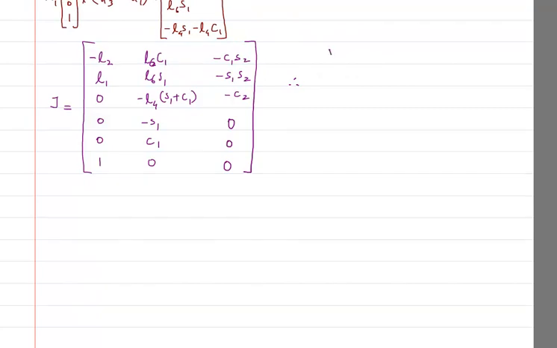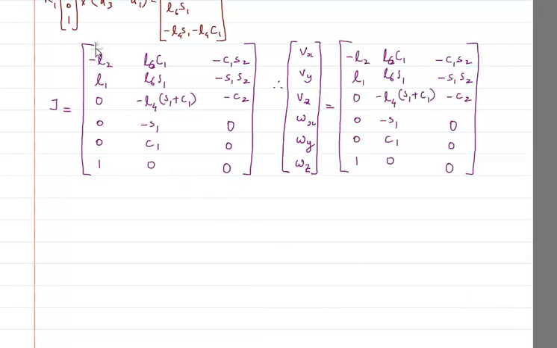So let me write Vx, Vy, Vz, omega x, omega y, omega z. I am omitting 0 Vxn for the time being because it's understood, and I don't want to clutter the notes. This is totally dependent on the multiplication of the Jacobian with the joint variables.